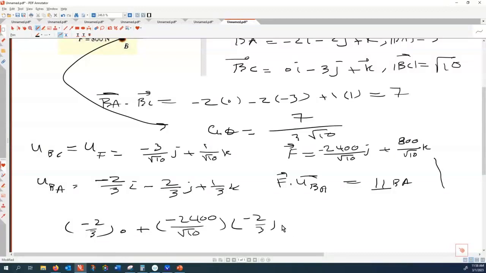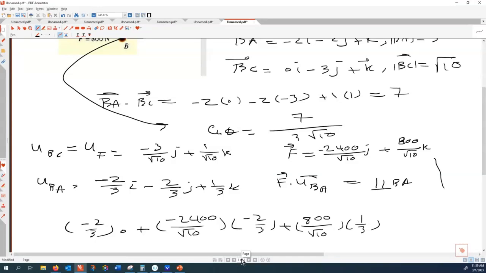And finally, plus 800 over root 10 multiplied by 1 over 3. This is not the perpendicular, this is the parallel. The dot product gives you the component parallel to BA, and then to find the perpendicular, you just solve the Pythagoras triangle.